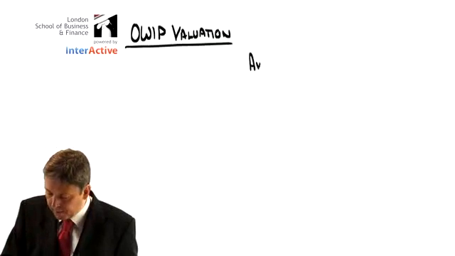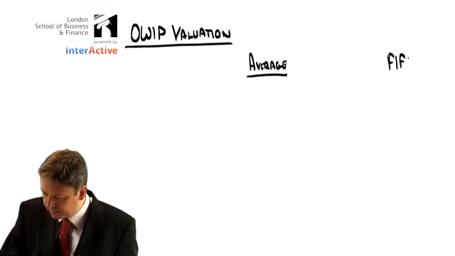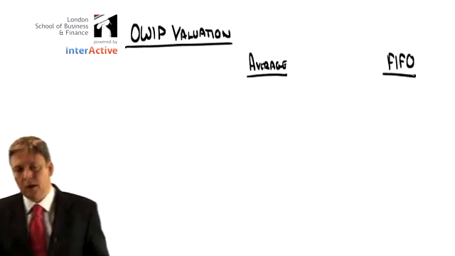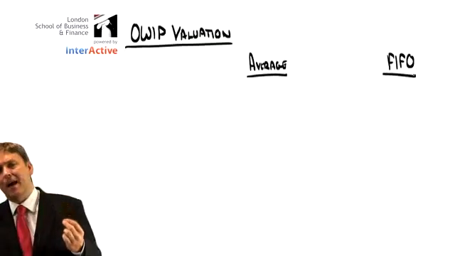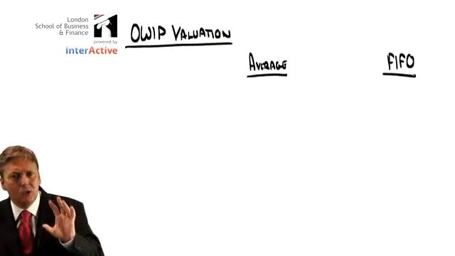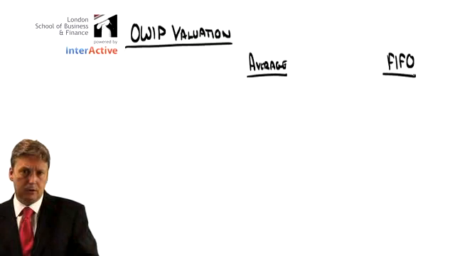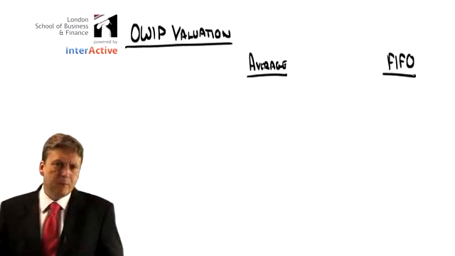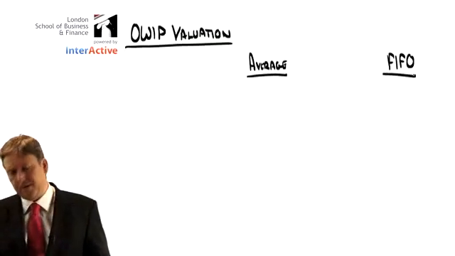Something called the average method and something called the FIFO method. If we can understand this area, we can easily do these questions. You see, let's start with the average method.